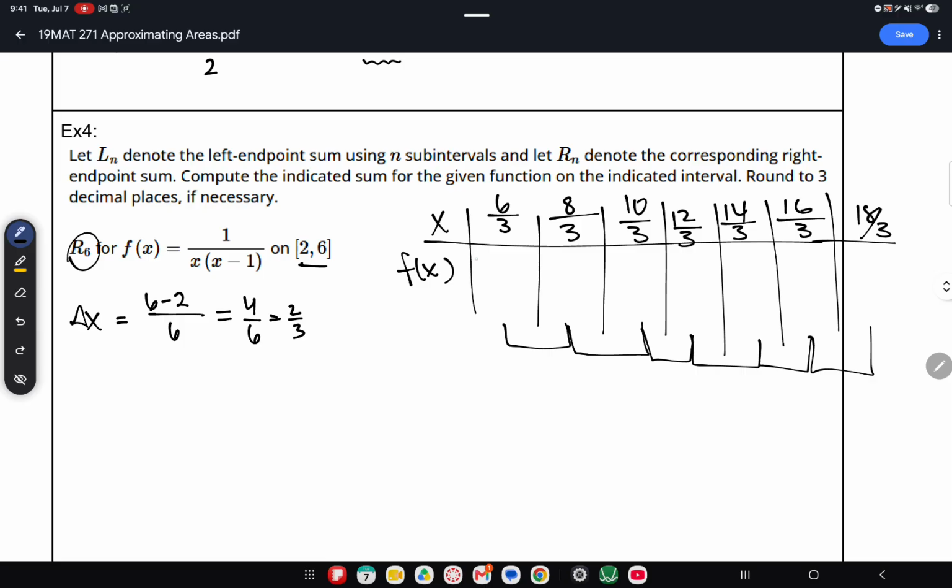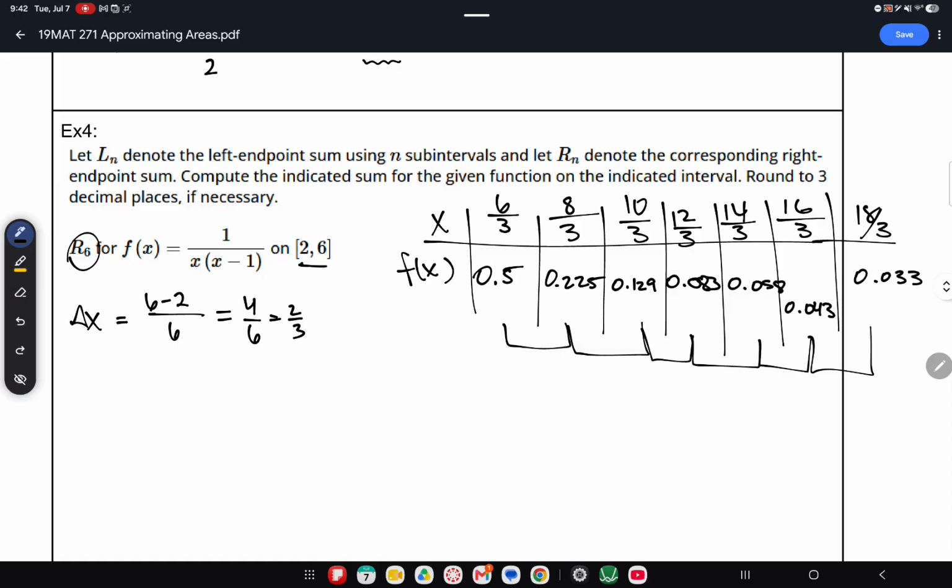So we'll do the whole numbers first: 2, 4, and 6. And now we'll do the fractions: 8/3, and then 10/3, 14/3, 16/3.